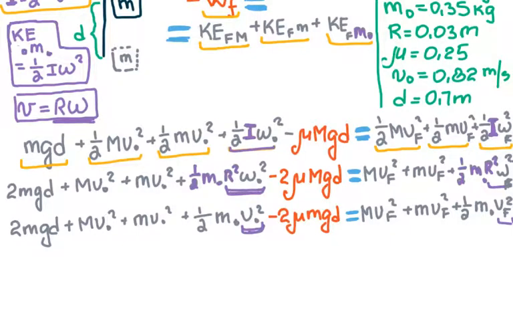And I replaced r omega with v final. And they asked me to find the final velocity. So to find final velocity, I'm going to solve the next equation for v final. At first, I'm going to multiply them all by 2. And then after that, move all v final on one side, or factor v final, and then move everything else to the other side.